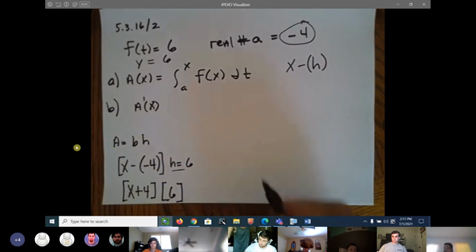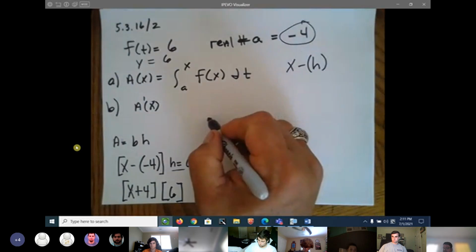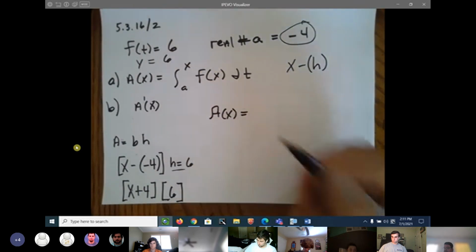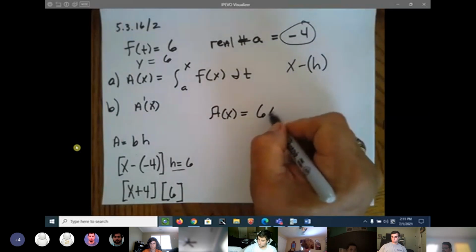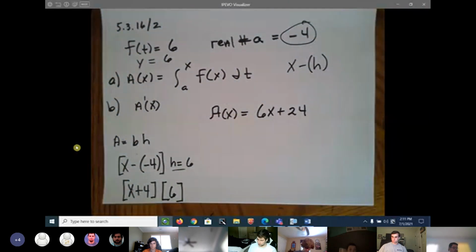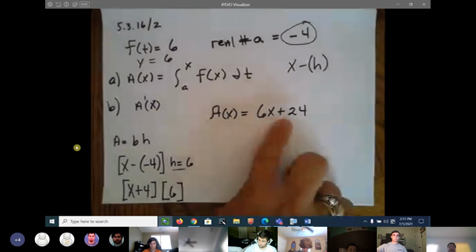So A of x, which is your function, is equal to 6x plus 24. There's your function.